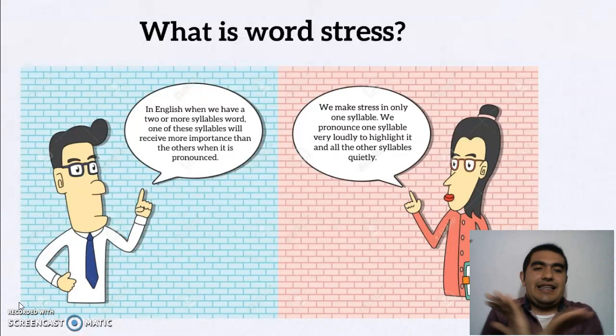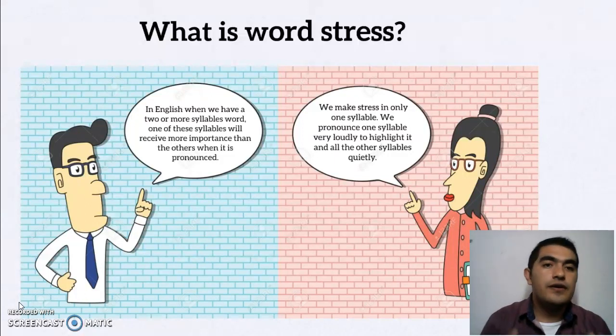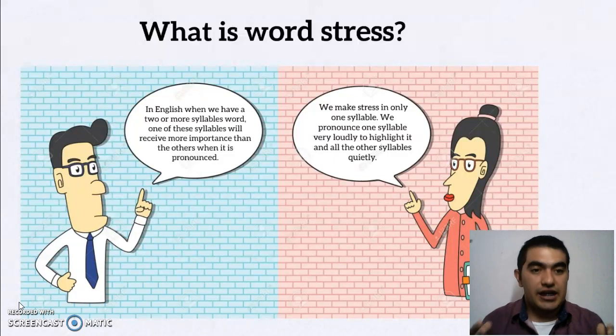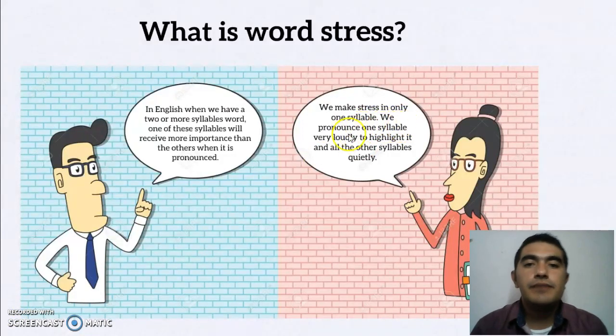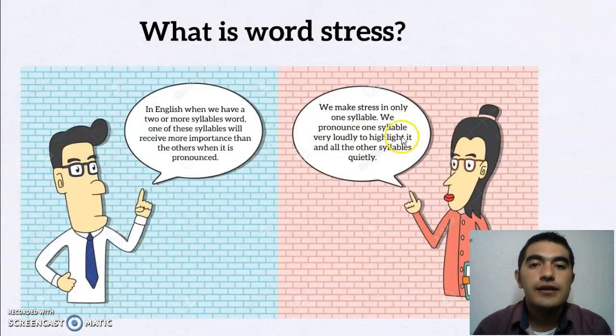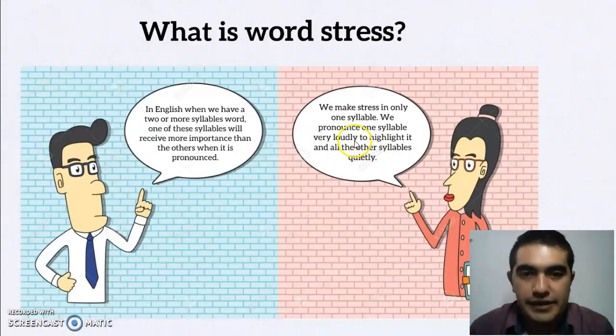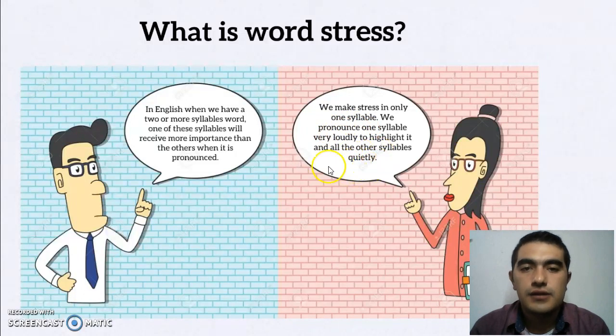In English, it's not common to pronounce all the syllables with the same strength. We make stress in only one syllable. We pronounce some syllables very loudly and other syllables quietly. These words are very important: loudly and quietly.